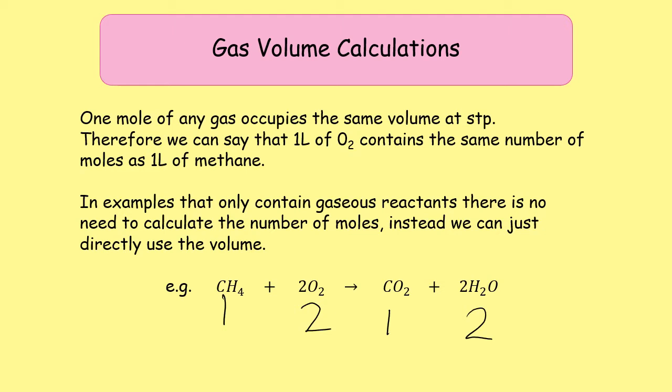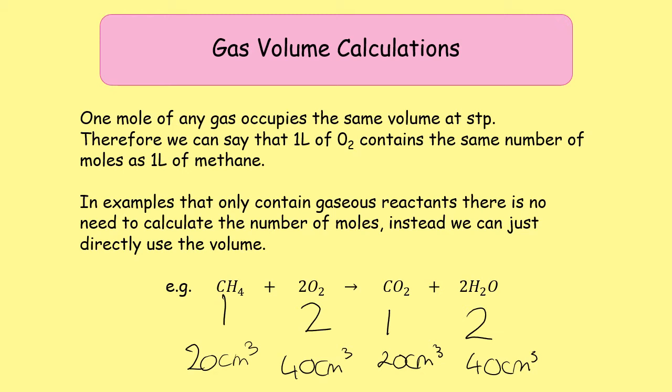So for example, if we said that 20 centimeters cubed reacted here, we would need 40 centimeters cubed here. We would produce 20 centimeters cubed of this and 40 centimeters cubed of this. So the molar ratio is also the ratio that we can apply to volumes.